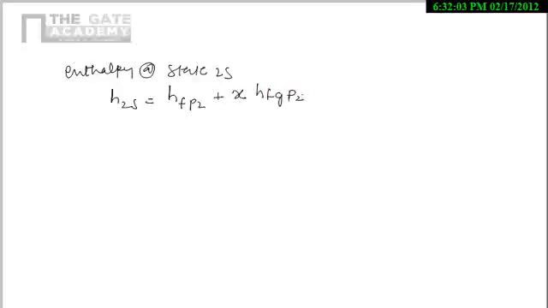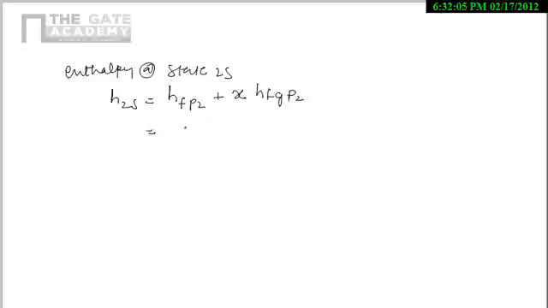Now we can easily calculate the enthalpy at state 2s. So we are interested in enthalpy at state 2s, that is h2s, and according to the formula it is hf at P2 plus x times hfg at P2.